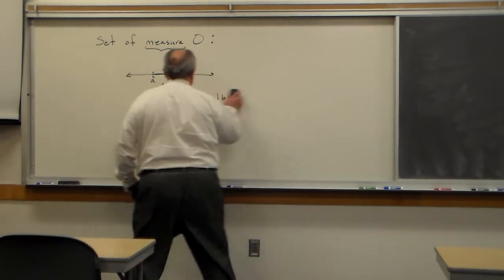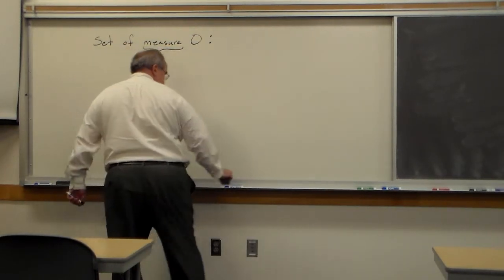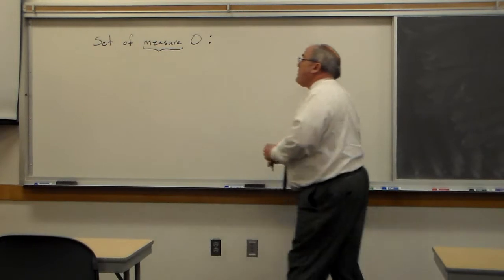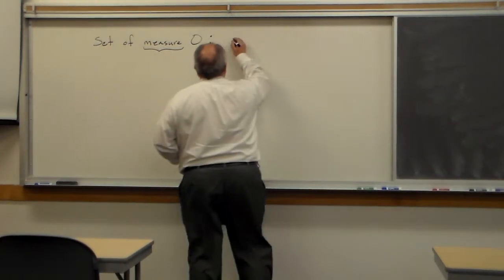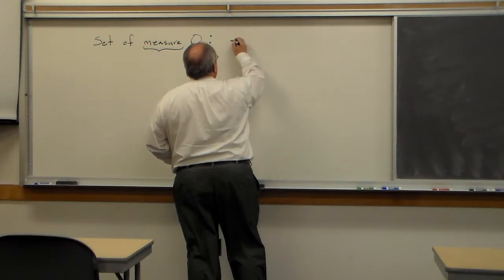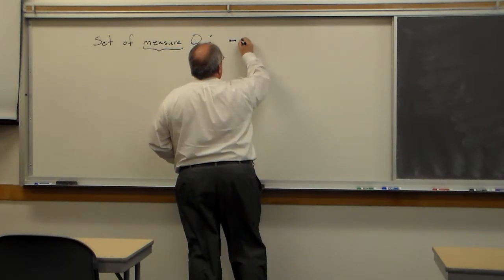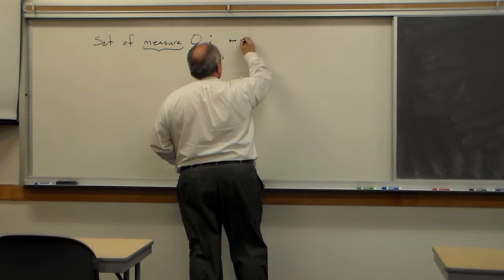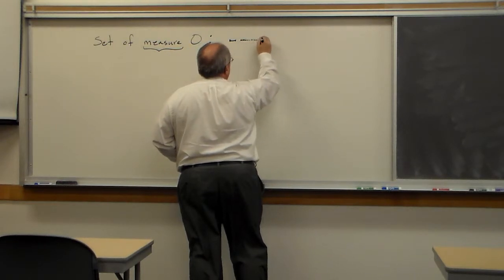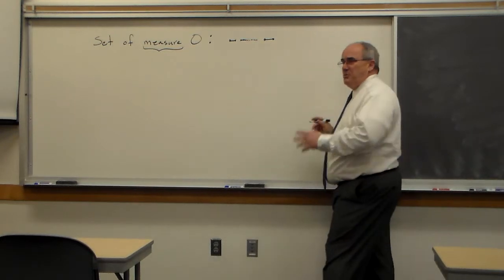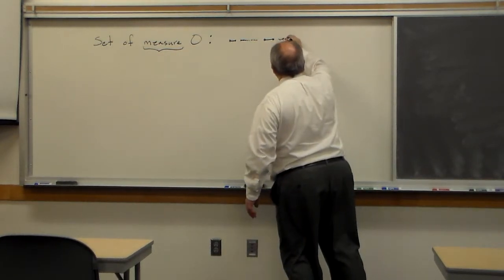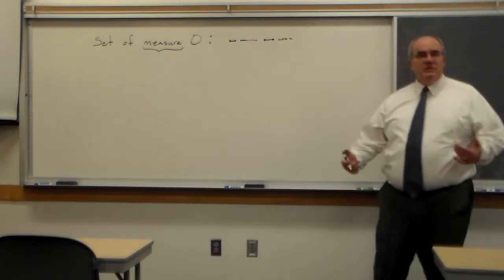And so the real numbers, it's hard to claim you know anything. But so a set of measure 0. So we have some really funky set. It's got some Cantor sets in it. It's got, what else in there. But some subset of the real numbers.